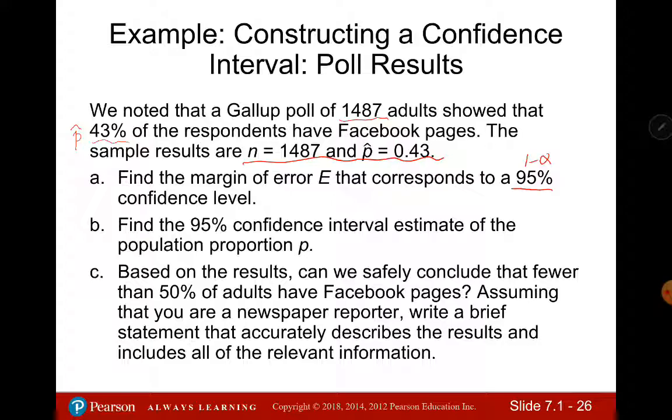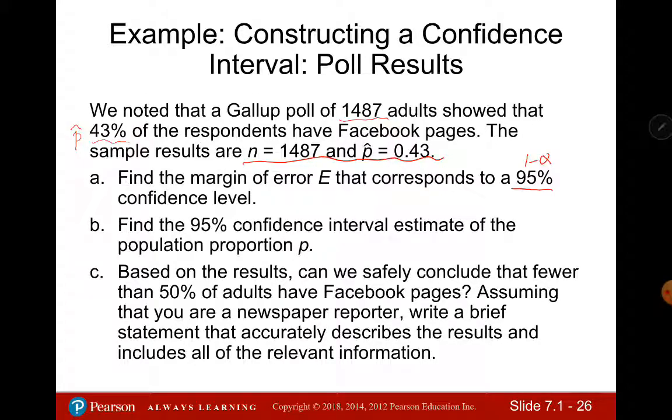Then we can find the margin of error. And if we want to find the critical value, we always need to find the alpha value first. Then we can find the half alpha value. After that, we can use that one to check the Z critical value, right?